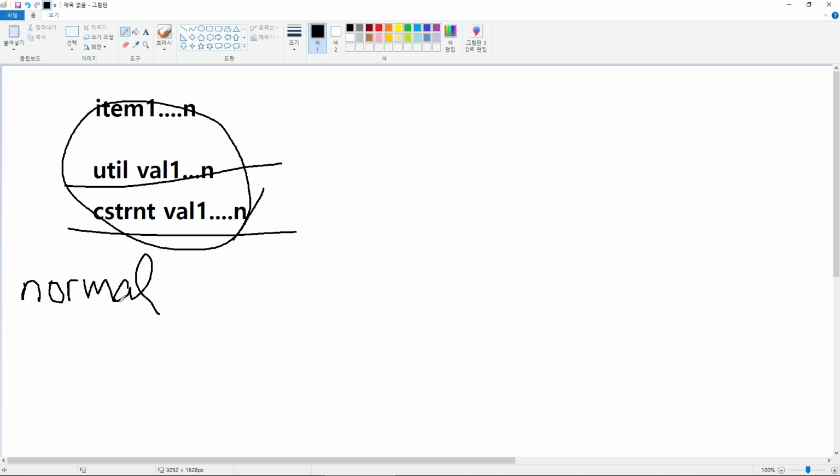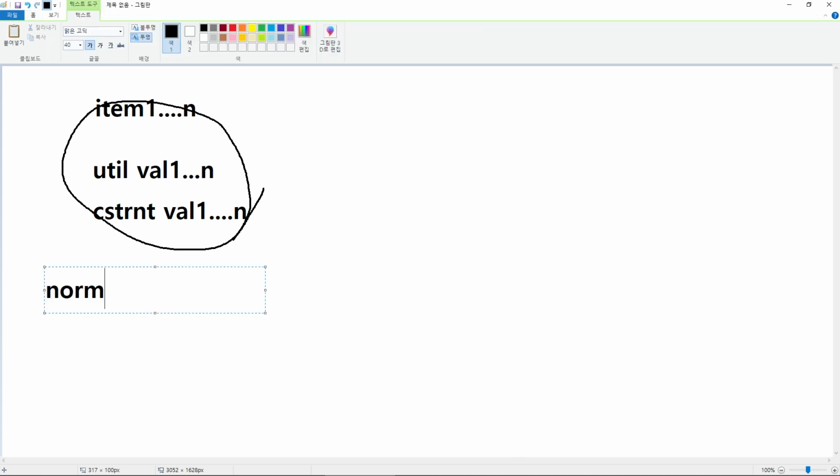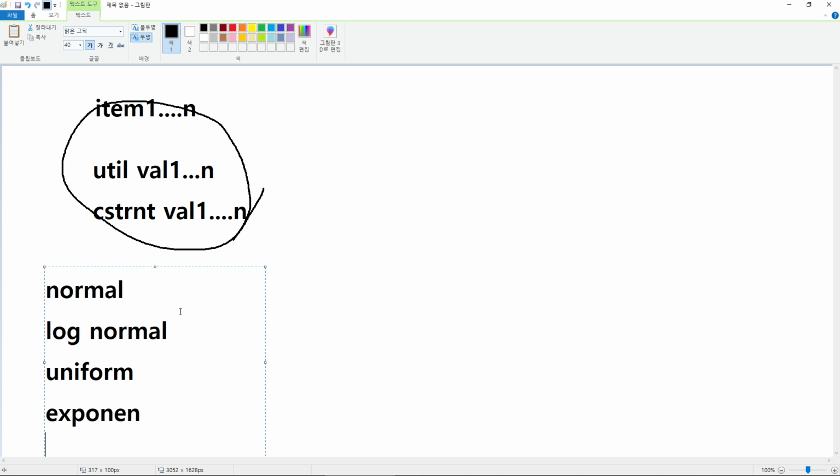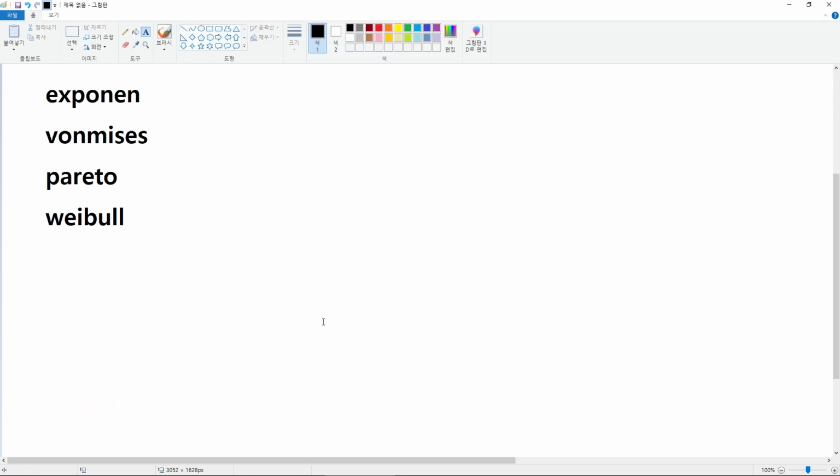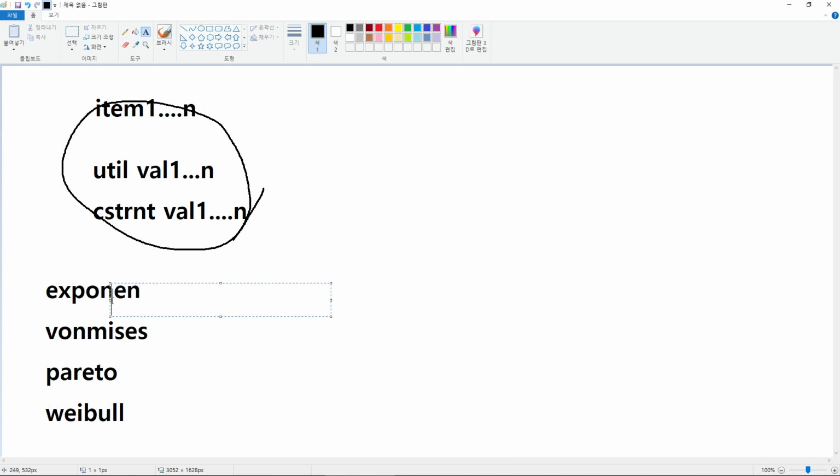For example, the first notebook is from the normal distribution. Normal, and then log normal, and then uniform, and then exponential, and then von Mises, and then Pareto, and then Weibull.